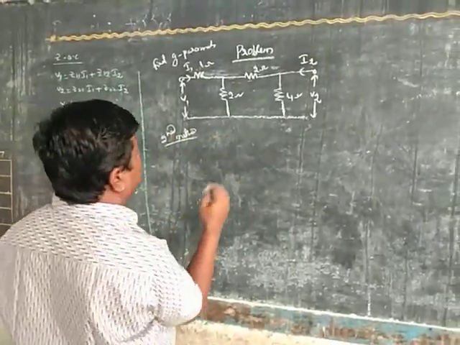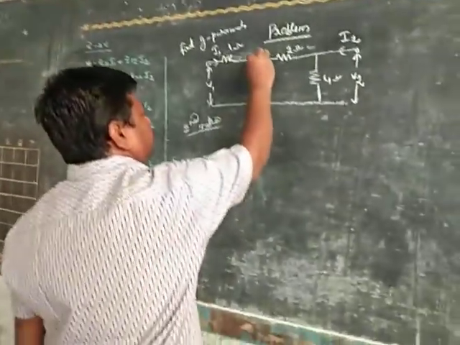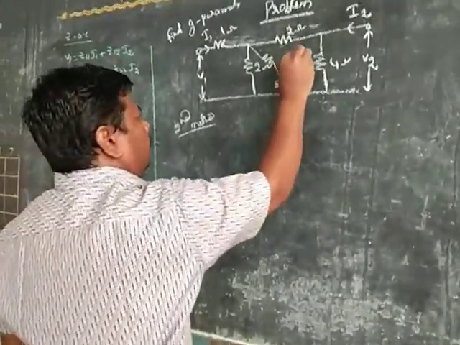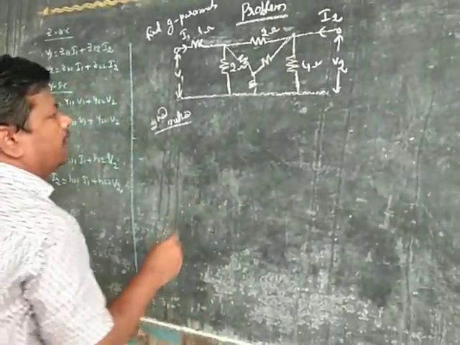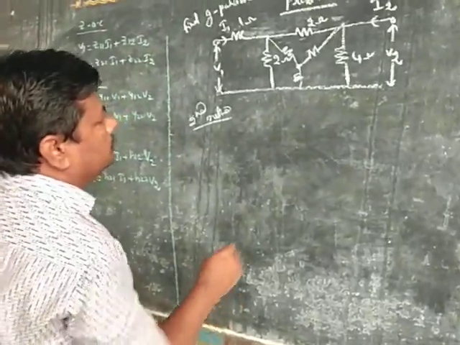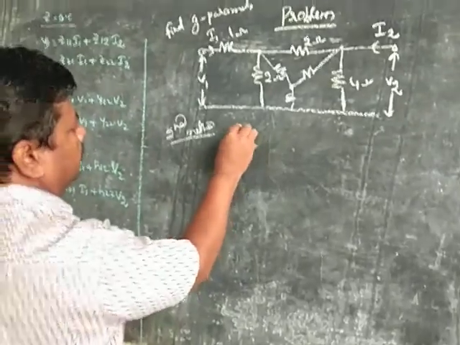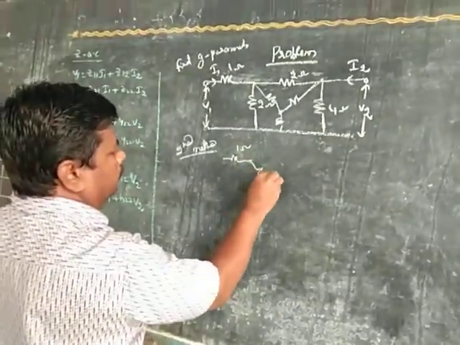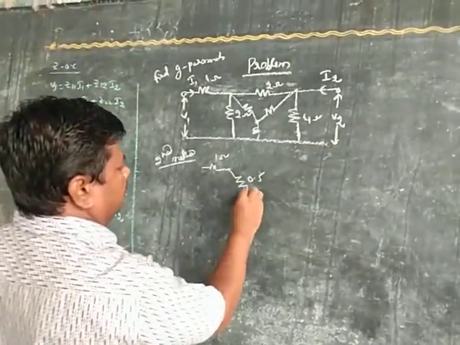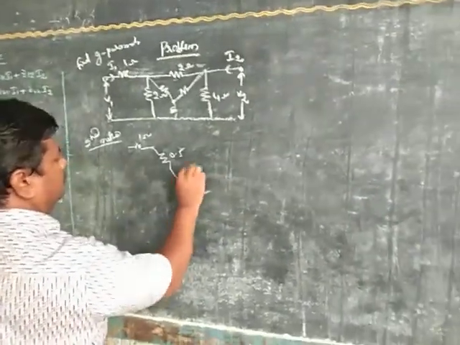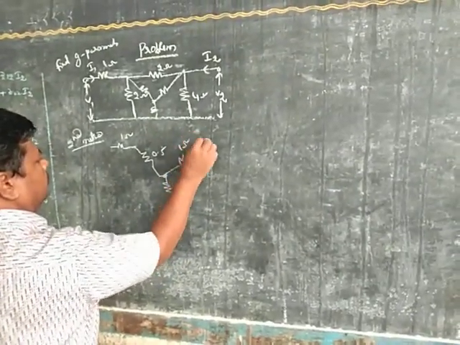Second method. First simplify the circuit into a T network. So convert delta into star, then it is 1 ohm, then it is 0.5, then it is 1, then it is 1.